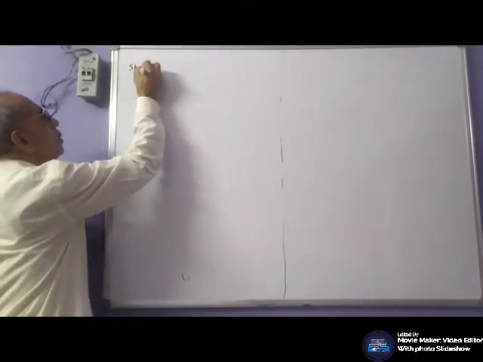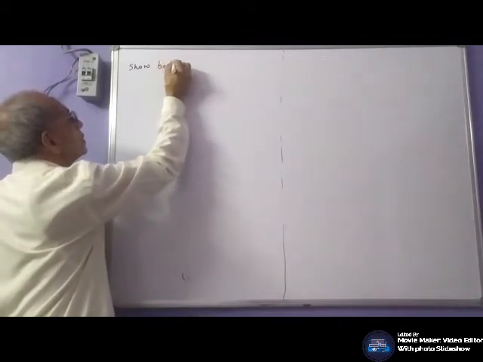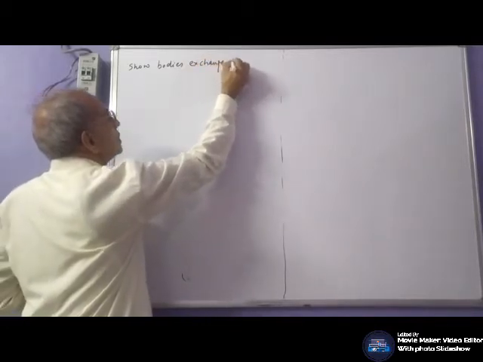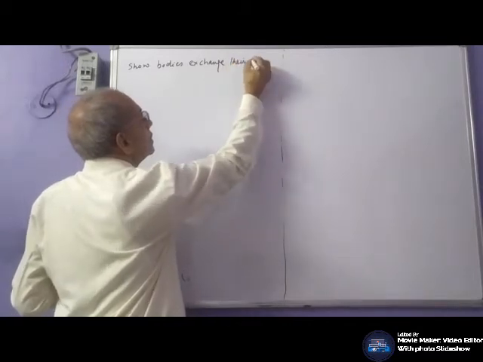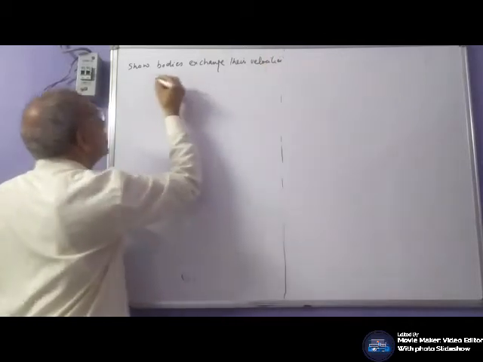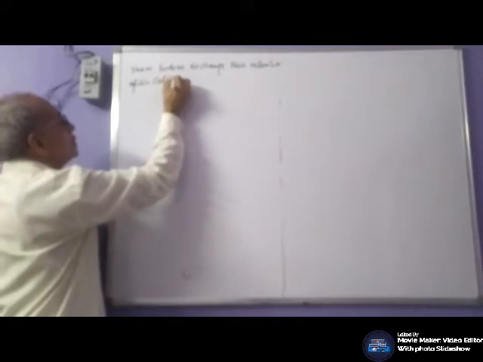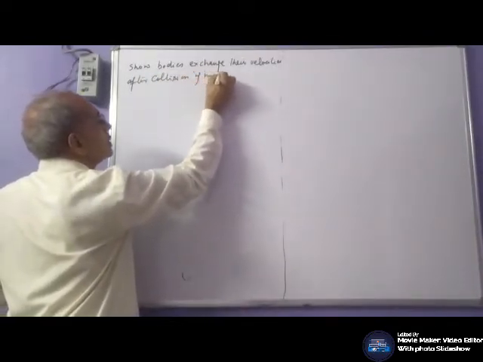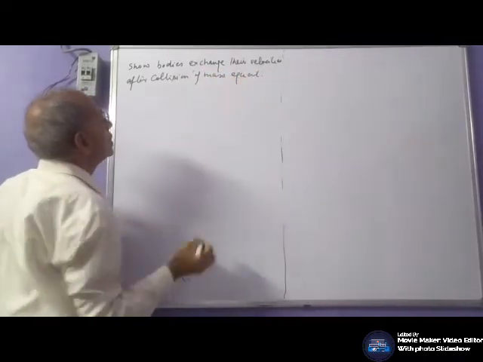Show that bodies exchange their velocities after collision if masses are equal.